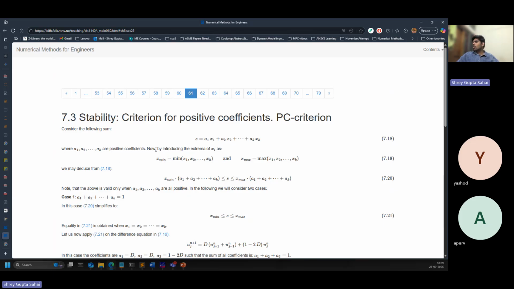Now they introduce x min and x max, and say that if you multiply x min and x max by the sum of all coefficients, this entire sum will lie between these two products.